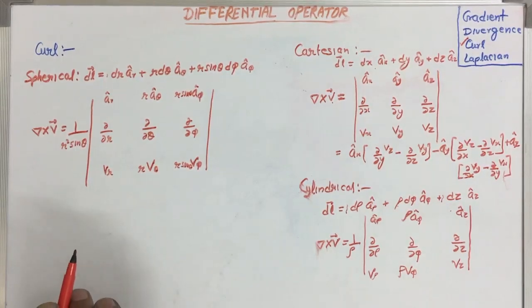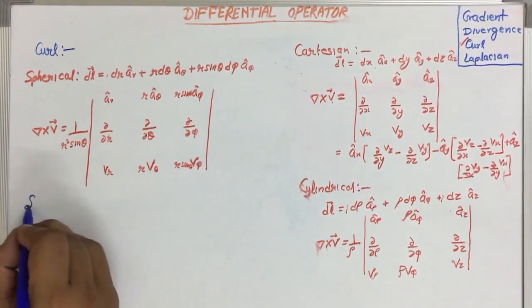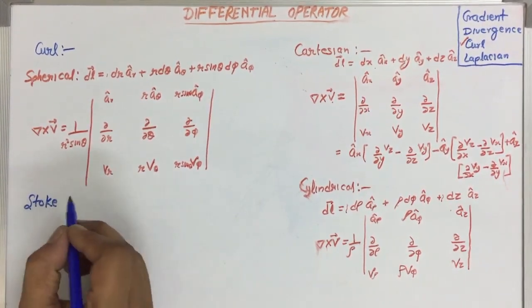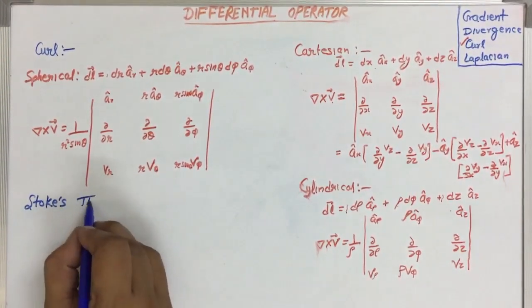Now, this is the curl of any vector field V in different coordinate systems. On the basis of the curl, a theorem is given, that is Stokes theorem.